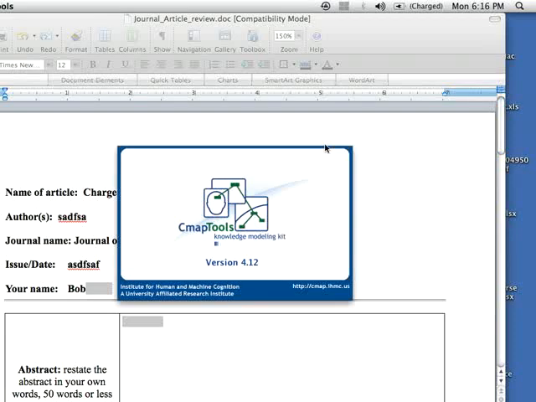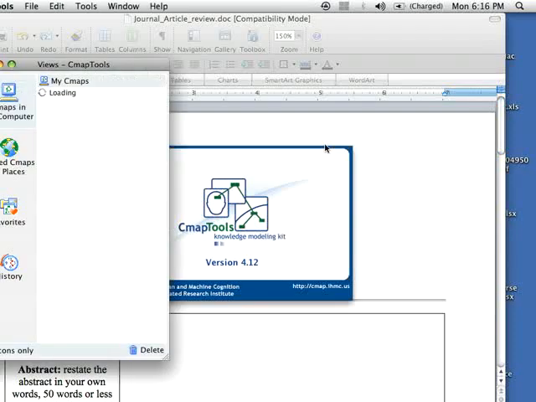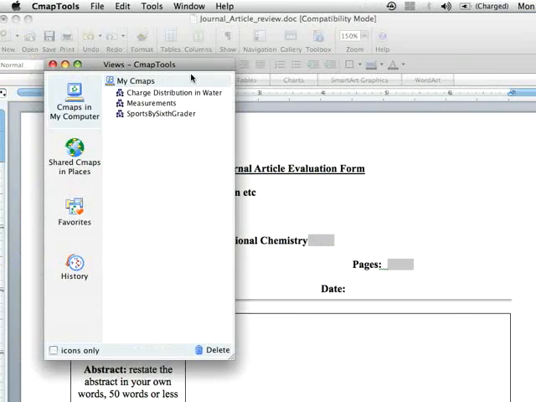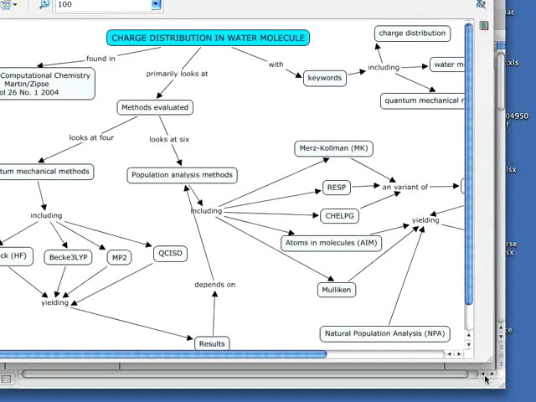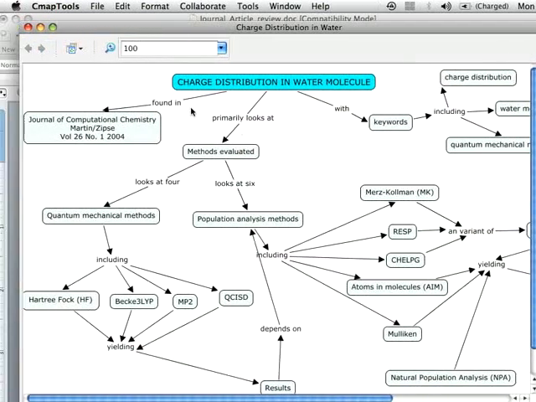I have a program here called CMap Tools, and you see here there's a CMap called Charge Distribution in Water. What I've done with my concept map is basically build a map. So charge distribution in water molecule primarily looks at the methods evaluated. I put over here a little note about where it came from.